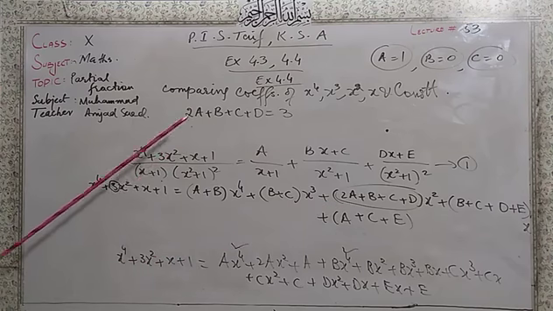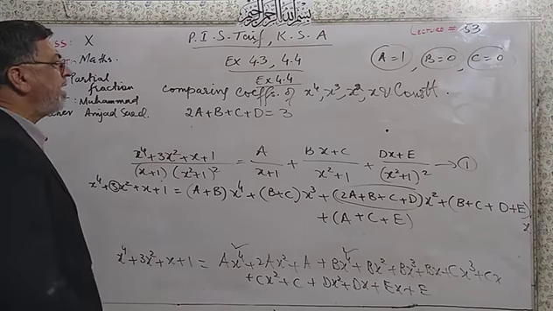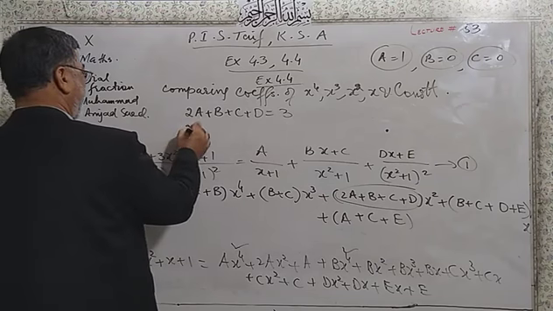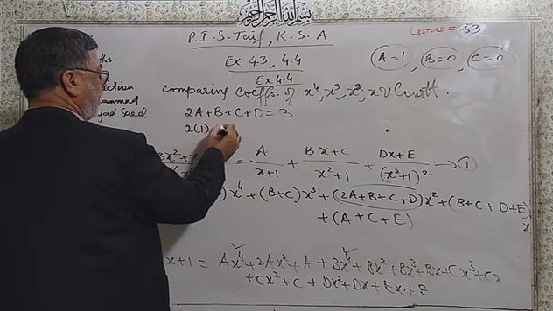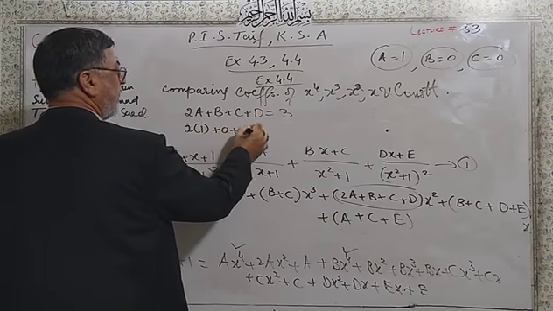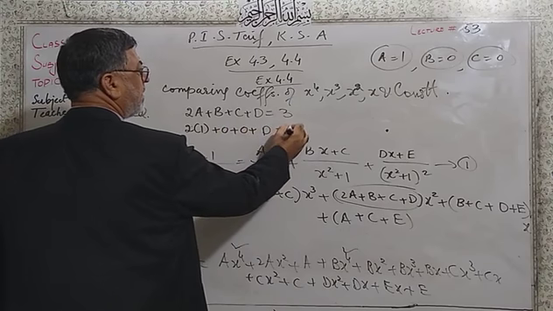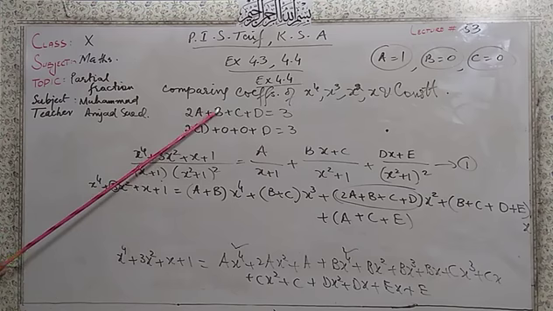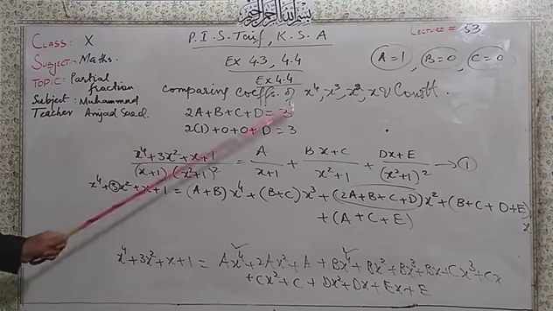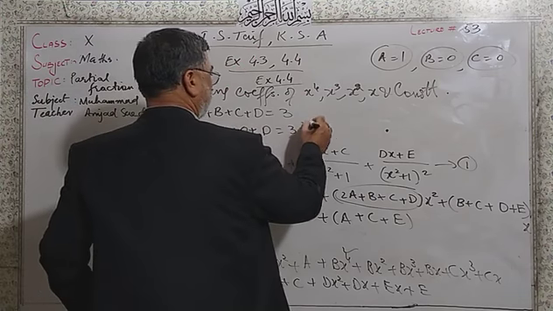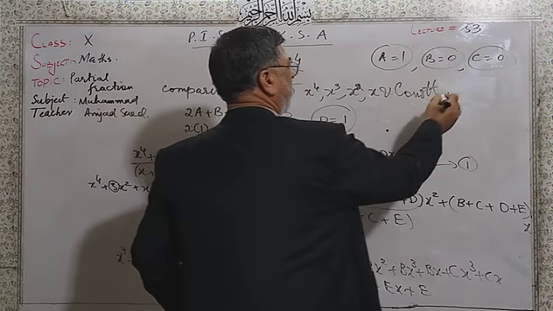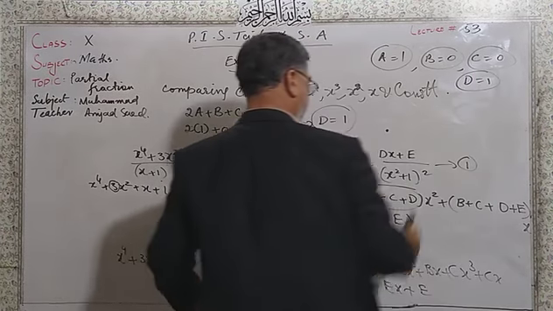Using values of a, b, c, you have a as 1, b is 0, c is 0, and d is equal to 3. Bring this 2 on the other side, you will have d is equal to 3 minus 2. That will be 1. So d is equal to 1.